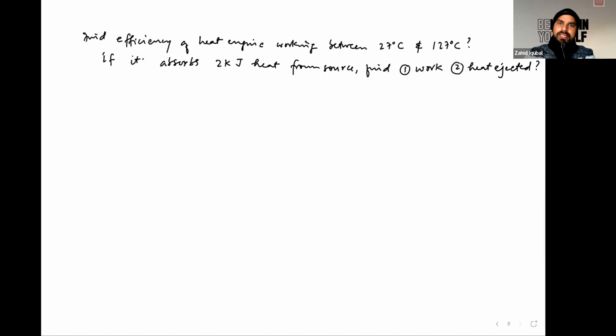Let me give you a hint how to calculate. First, in these two temperatures, whichever is smaller will be termed as T2. So in this part, we have 27 degrees Celsius. First convert it into Kelvin. So 273 plus 27 will be 300 Kelvin.